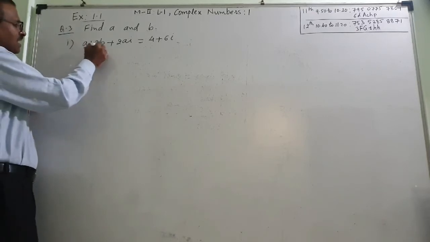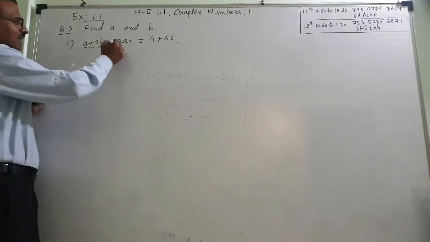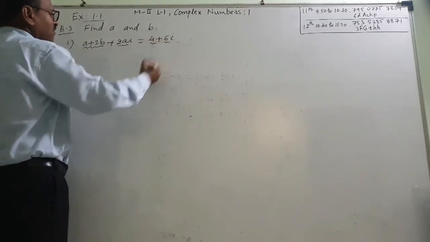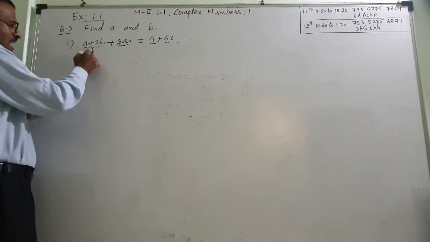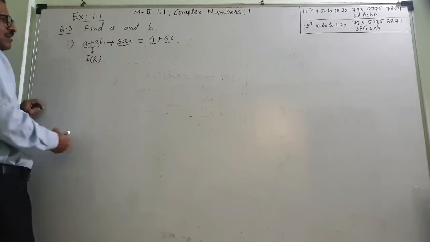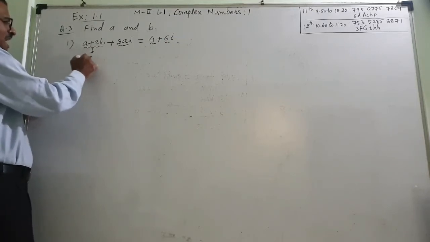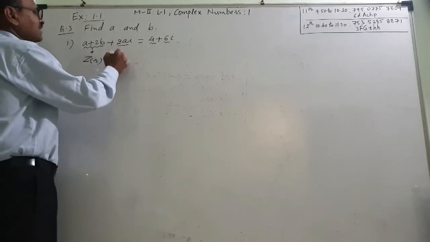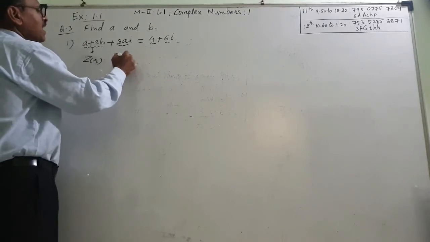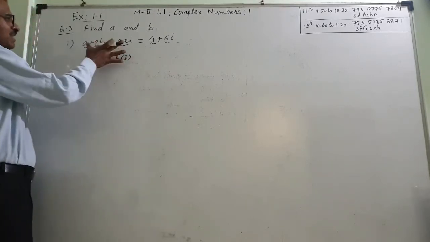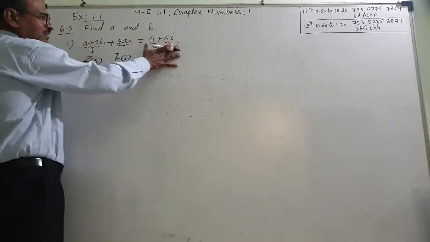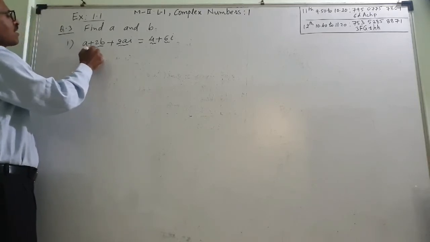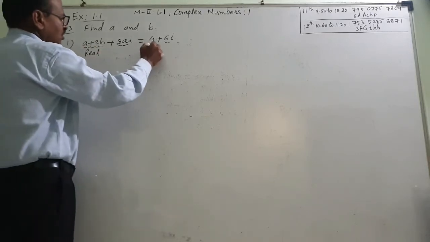This much part is the real part and this much part is the imaginary part. This is called Z real, the real part of Z, and this is called Z imaginary, the imaginary part of Z. This much is called Z. This is also Z. So this much is real, this is also real.